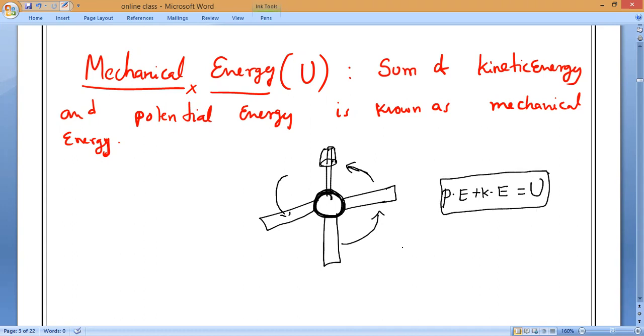Mechanical energy. That is why we won't just say a fan possesses both energies. We must say which fan, one which is at rest or one which is in motion. A moving ceiling fan possesses mechanical energy. All of you remember.